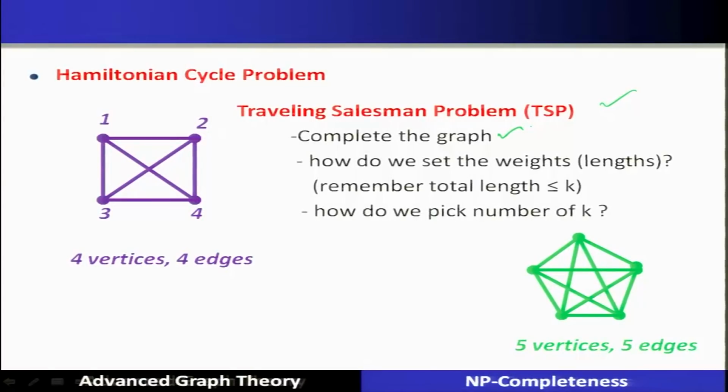Now, if we add the edges, then we require some weights to be there. We also have to choose a number, because the total cost of the tour is to be bounded by some number k, and that number k is required to be mentioned in the traveling salesman problem.